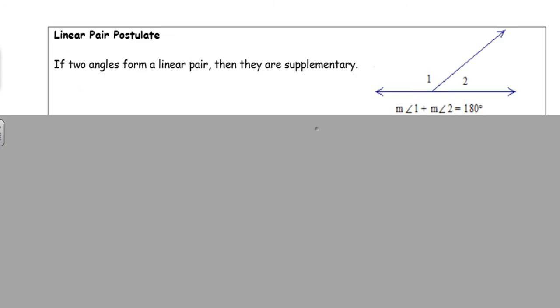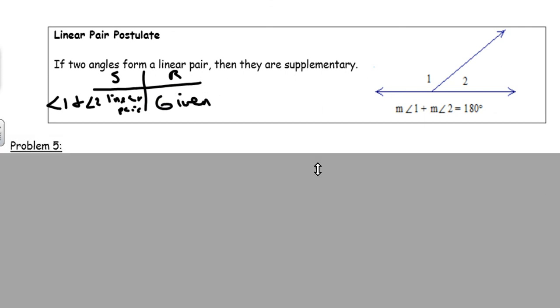All right, our next definition or postulate to add to our bank of definitions and postulates is the linear pair postulate. And that says that if two angles form a linear pair, then they are supplementary. So what you'll see in a statement and reason form for a proof is that angle 1 and angle 2 are a linear pair, and your reason would be given.